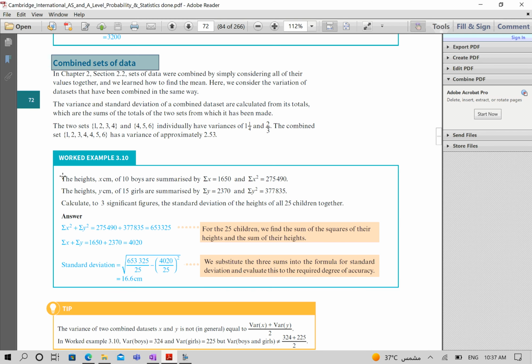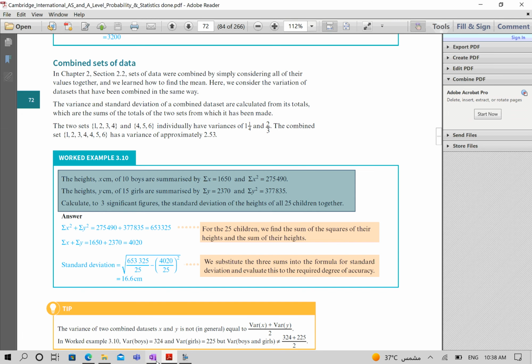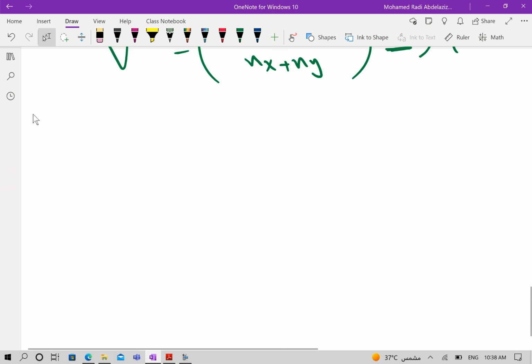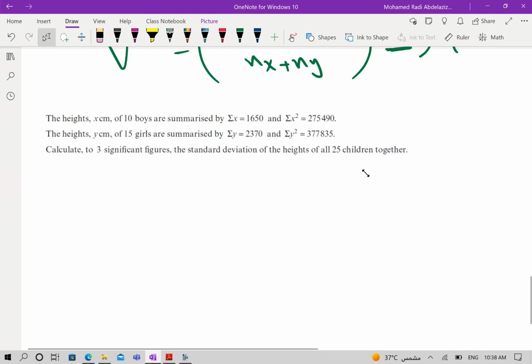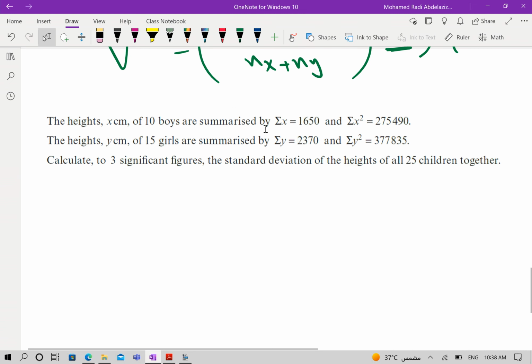For example, the heights x of 10 boys are given. Sum of x squared. From the first part, you can find mu of boys, and you can find the variance, you can find the standard deviation. It's given enough information.